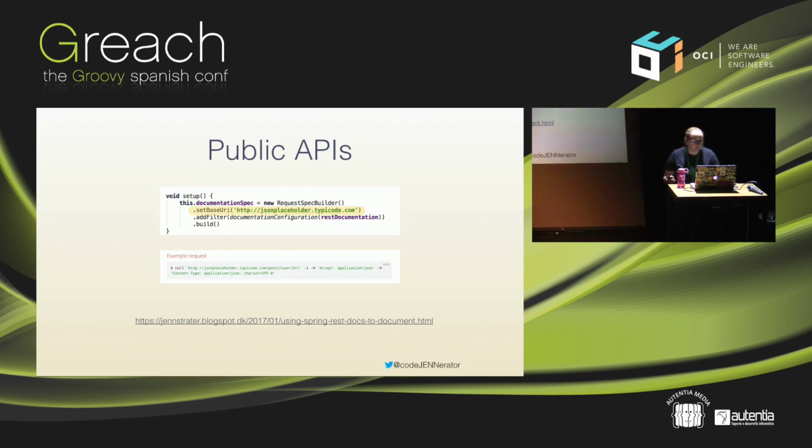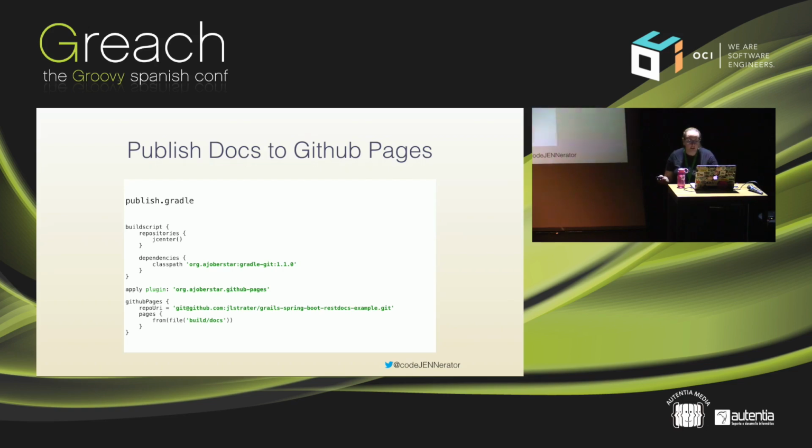I exploited it to run it against something else, which may seem a little bit strange. Why would I want to do that? But maybe you don't have access to the API that you're trying to document, or if you're behind a few different layers, you may want to run your doc tests against the beginning and not something deeply embedded in the system.